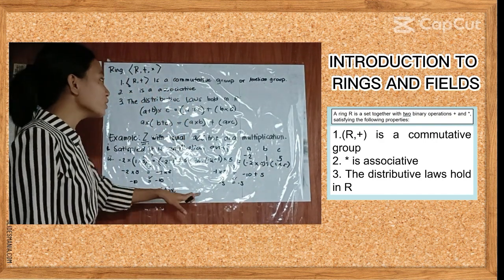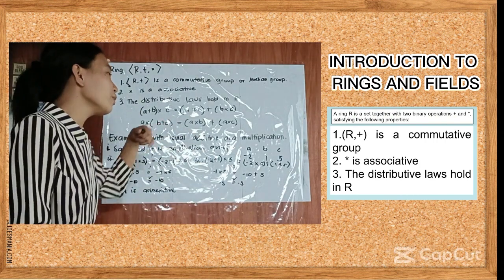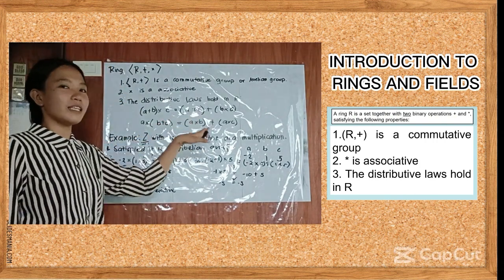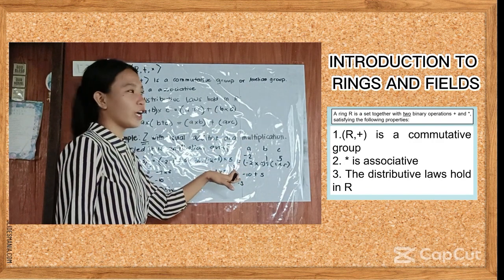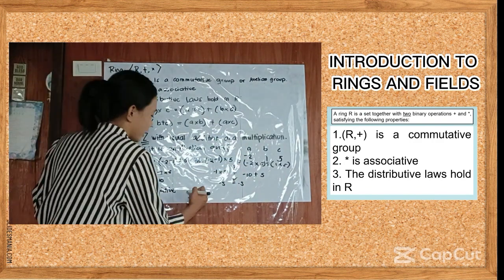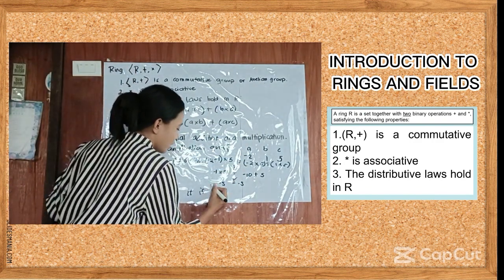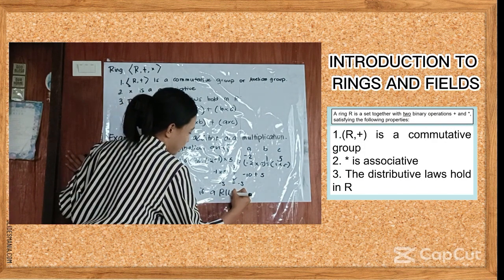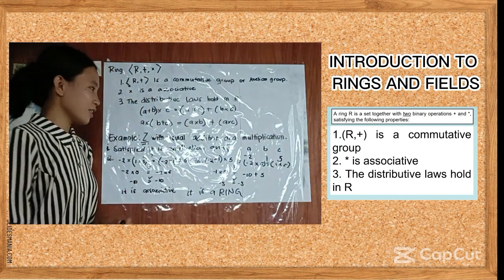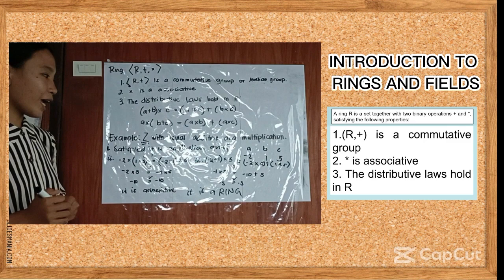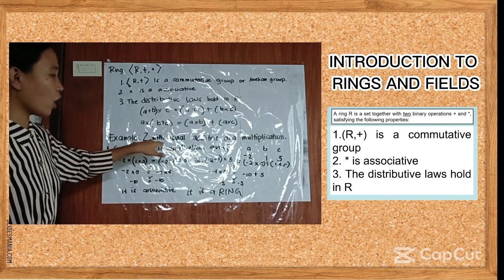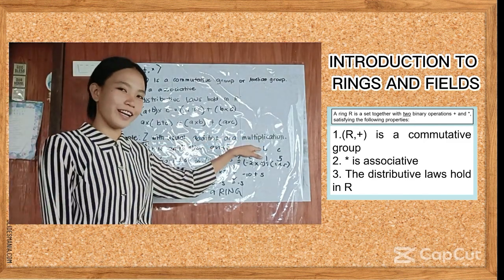Since the distributive law holds, therefore, Z with usual addition and multiplication is a ring. That's how to check if the given is a ring or not.